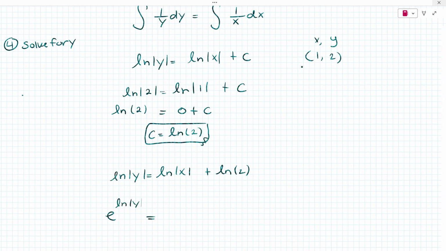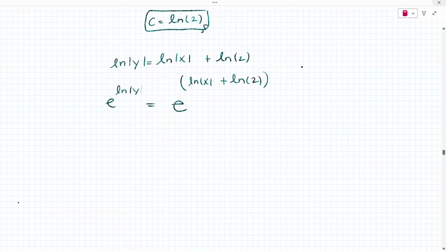On the right side, it's e raised to this whole thing, ln of absolute value of x plus ln of 2. Now the e and the ln cancel, so you're left with y equals e to the ln of absolute value of x plus ln of 2, and that's it. So this is your final answer.